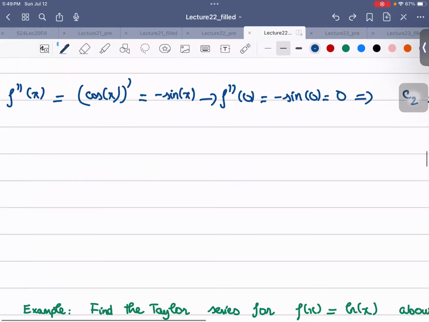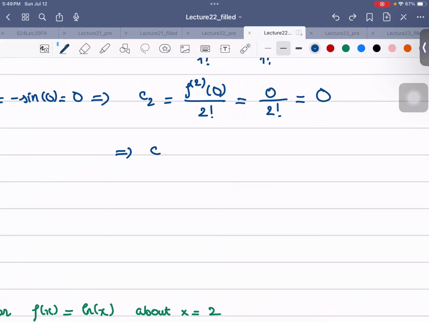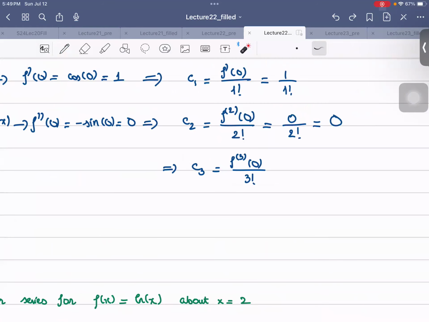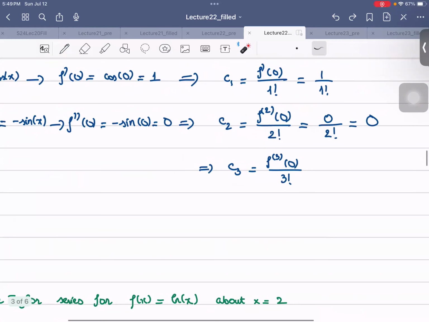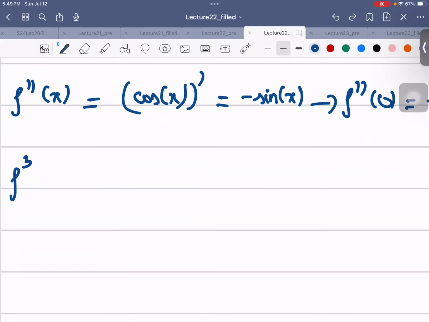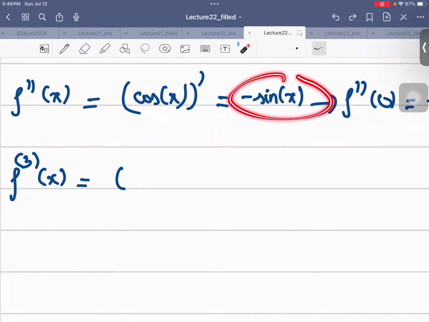For the next coefficient, which is C3, you're going to have the third order derivative at 0 divided by 3 factorial. So I need to know the third order derivative function. I just need to take the derivative of the second order derivative.